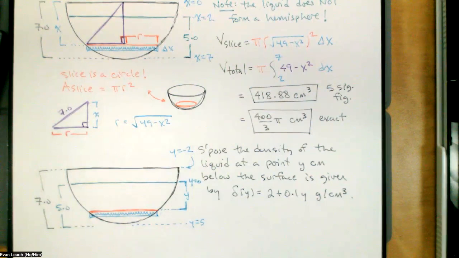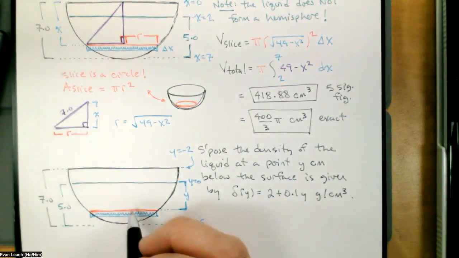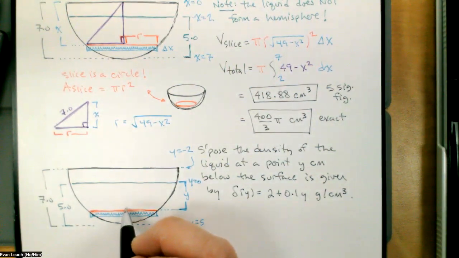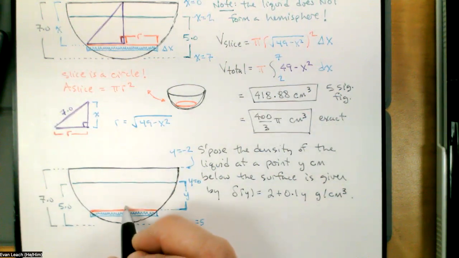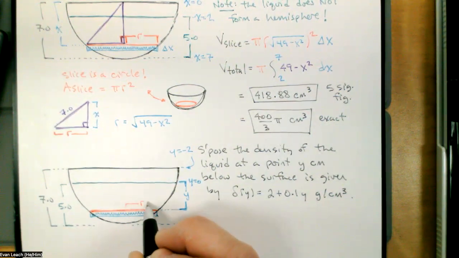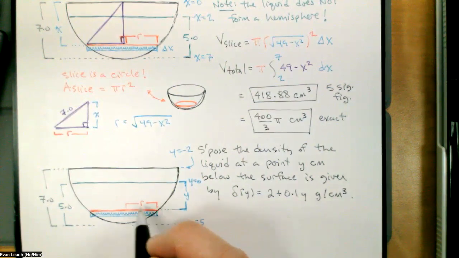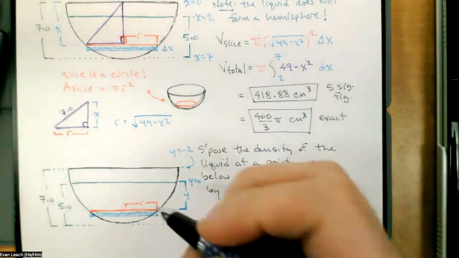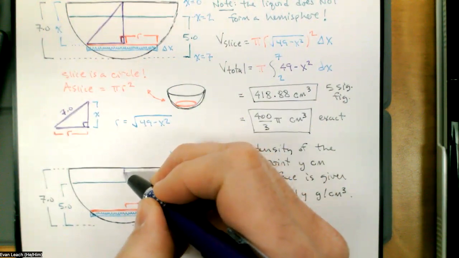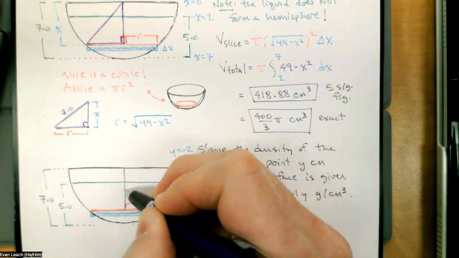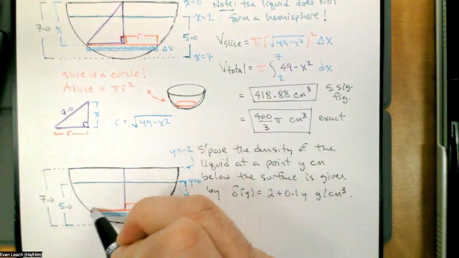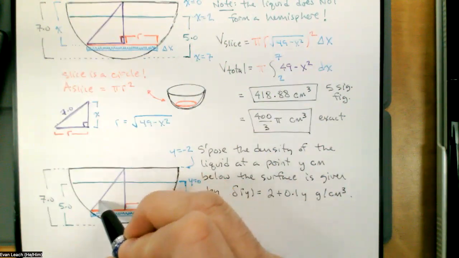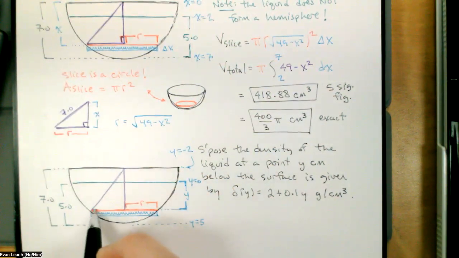Note that some of the things are the same. We still want the radius of this slice. We're still going to draw a right triangle that gives us a constant hypotenuse, which has to be from the center of the hemispherical bowl.